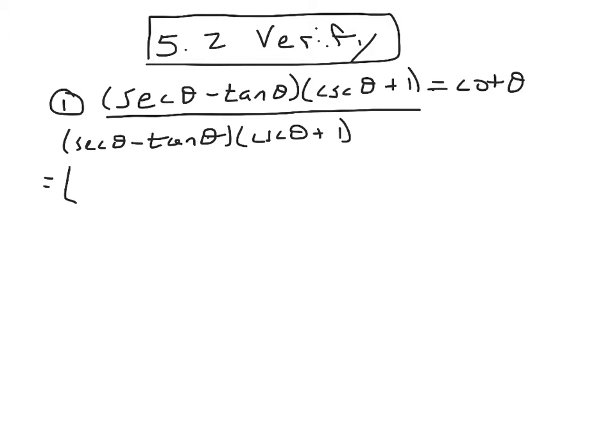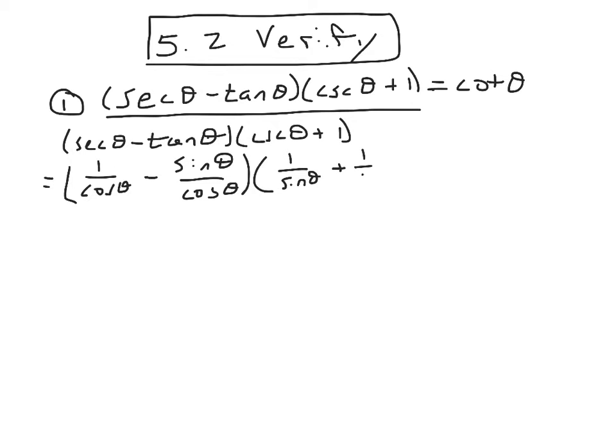So I can change secant into 1 over the cosine, minus, I can change tangent into sine over cosine, times cosecant, I can change that into 1 over the sine. And my plus 1, I'm just going to write it as 1 over 1, so I see it as a fraction.